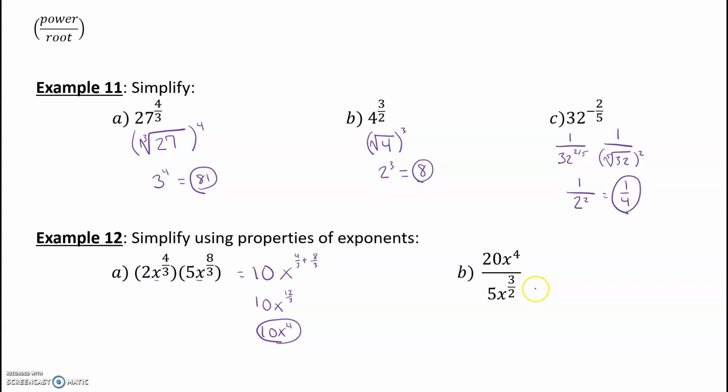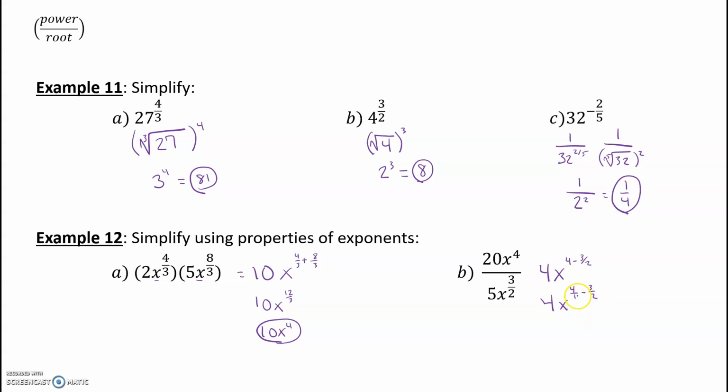Next one. 20 divided by 5, you can simplify as 4. And remember, division, we subtract. So we're going to have x to the power of 4 minus 3/2. Now remember, to subtract, you've got to have a common denominator. So 4x, I'm going to write this as 4 over 1 minus 3 over 2. So we need a common denominator.